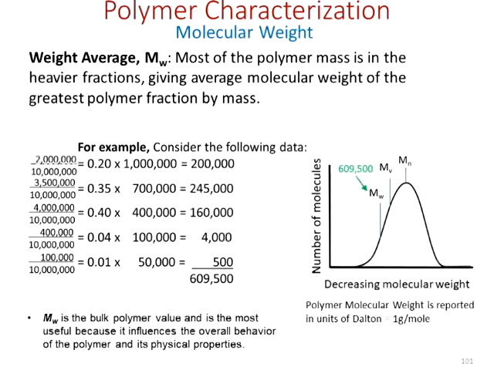Most of the polymer mass is in a heavier fraction, and that's what you have to keep in mind. So given the average molecular weight of the greatest polymer fraction, it gives the greatest molecular weight of the highest portion of the polymer fraction. You get it? So you want to know the highest portion, you look for the MN.